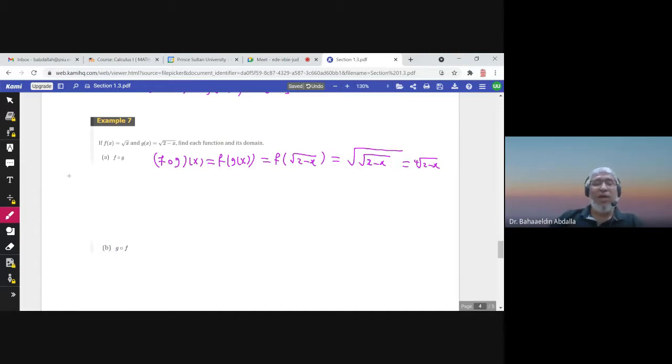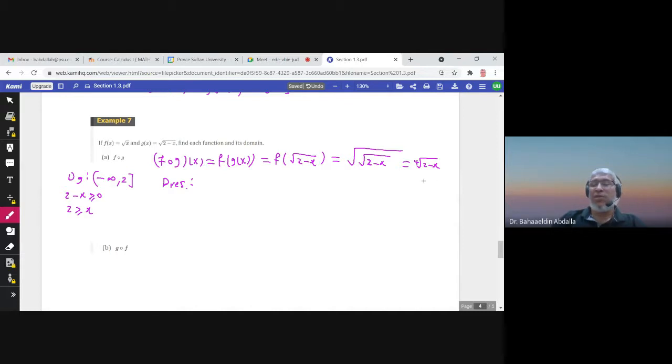To find the domain of f circle g, I need the domain of g and the domain of the result. This is g. 2 minus x should be greater than or equal to 0. So 2 should be greater than or equal to x, or x is less than or equal to 2. So the domain of g is from negative infinity to 2. What is the domain of the result?